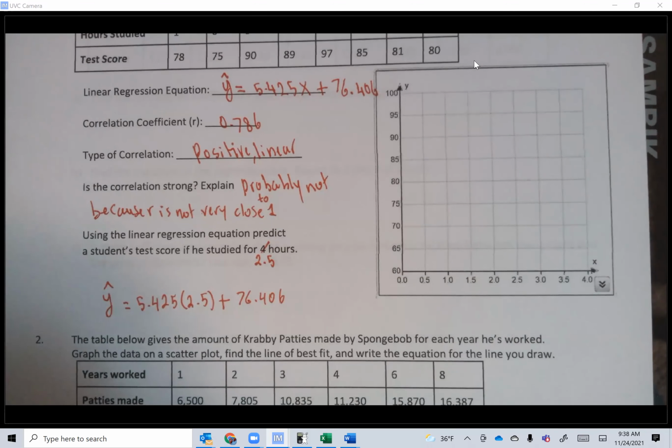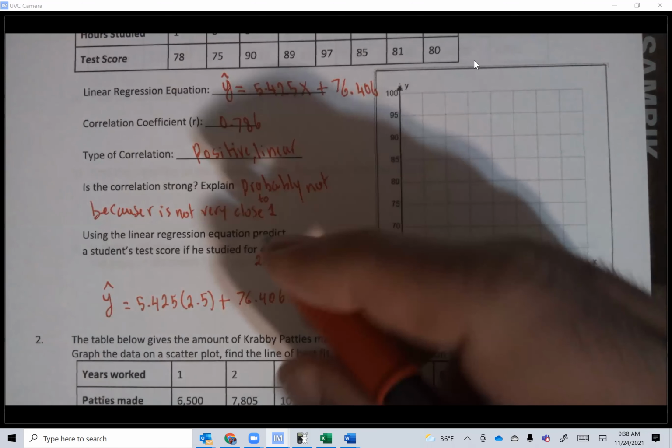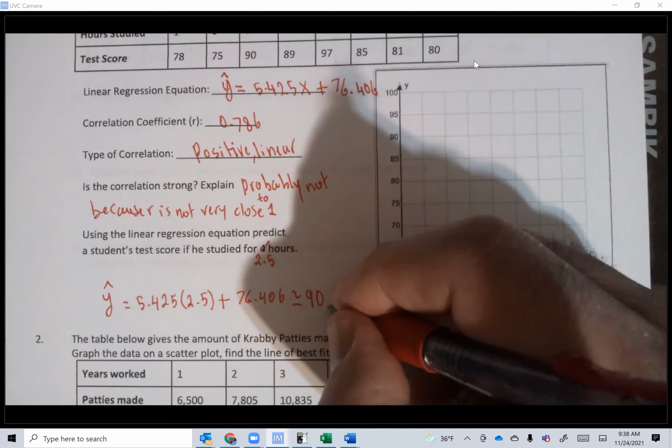All right, so if I do 5.425 times 2.5 plus 76.406, I got 89.96, almost 90. A score of 90.